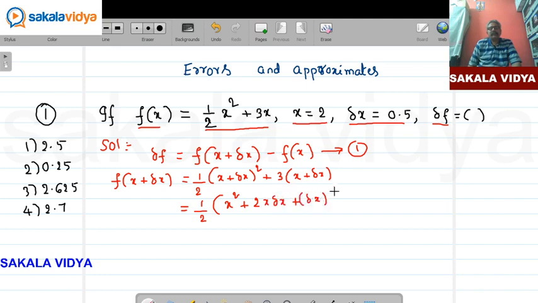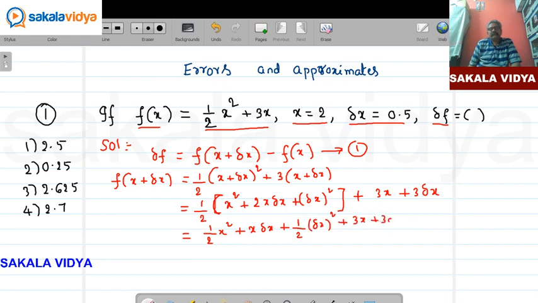Delta x whole square is not equal to delta square and x square, please remember. And plus 3x plus 3 delta x. So, now this equals half x square plus x delta x plus half delta x whole square plus 3x plus 3 delta x.